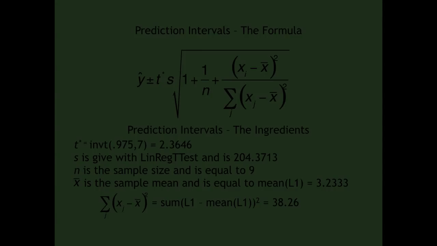But I wanted to bring that up for a moment because I did pare the data set back from the original 11 to the 9 more consistent data values for the purposes of this video. So in any case, now here's the formula for prediction intervals.